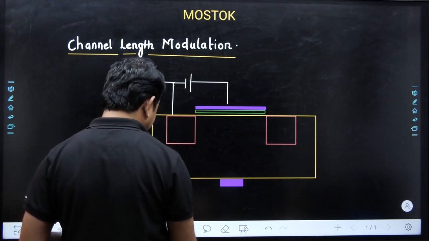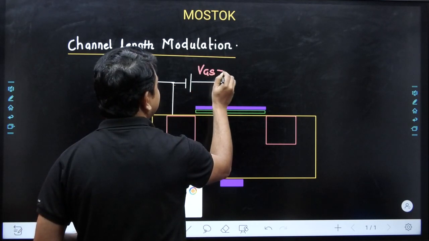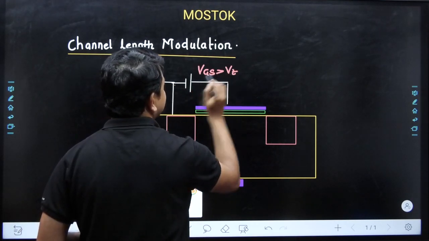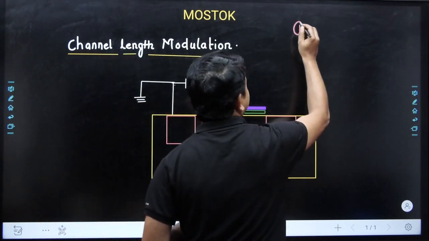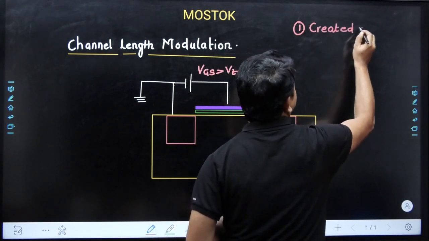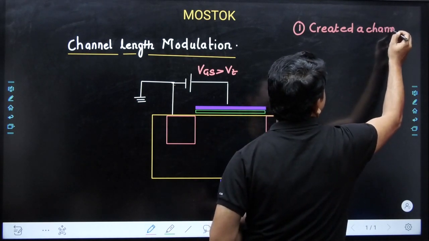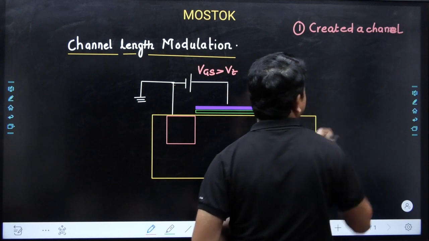The first thing we observed is that if the gate terminal potential is applied greater than the threshold potential, then we have created a channel. We have already created a channel, and for creating this channel we applied a potential at the gate terminal.